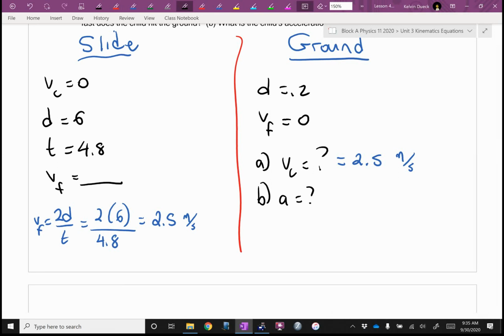Which equation? Get the A by itself. I know it's uncomfortable right now, but if you reach the point where you can do this, I've done you such a favor. So push yourself. The VF squared drops down, it's going to be A equals VF squared, I can tell you that.